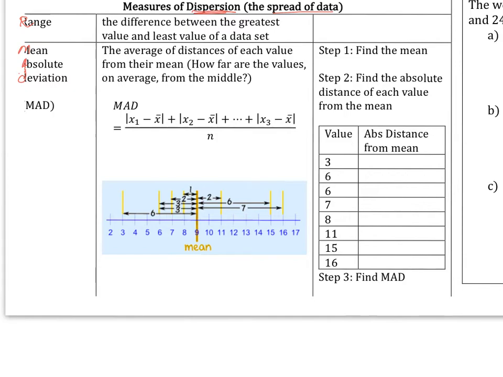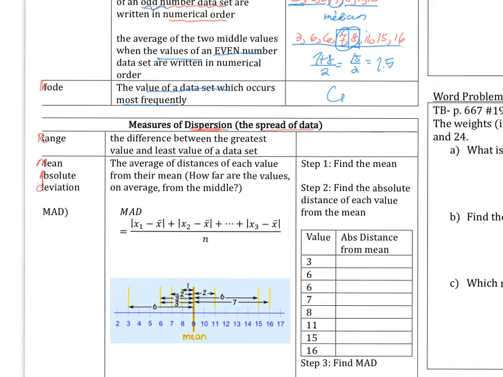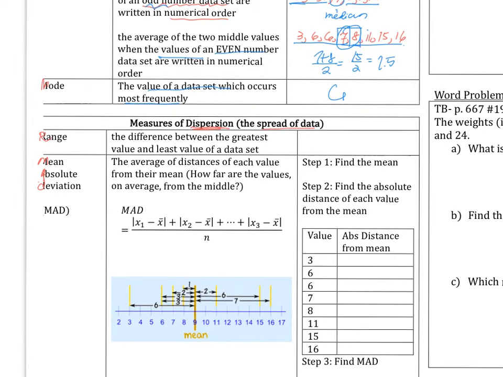So using the same data from above, 3, 6, 6, 7, 8, 11, 15, and 16, I'm going to take the greatest number, which is 16, and I'm going to subtract 3 from it. So that would give me 13. That would be my range. So that would measure how spread out the data is.